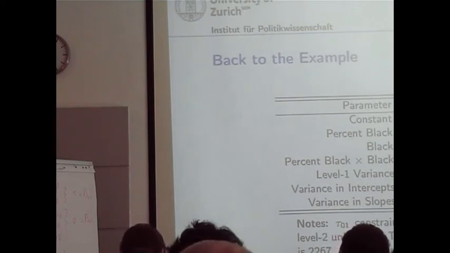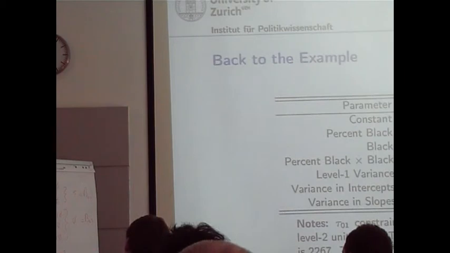Actually, I don't know that many examples in political science where they do random slopes. It seems that people do a lot of random intercept models, but not much with random slopes. And when they do, it's usually, well, let's allow for the correlation because it could be that there is some, but not because there is a real theoretical argument there.